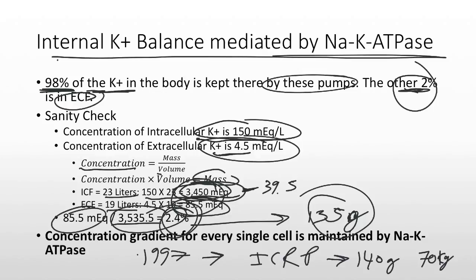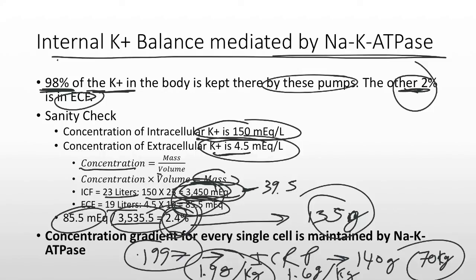And then there was another paper written in 97 that said that on average men have about 1.9 grams of potassium per kilogram of body weight, and women have about 1.6 grams of potassium per kilogram of body weight. So if you did 1.9 times 70 kilograms, you get about 135, 136, somewhere in there. So these numbers are all working.